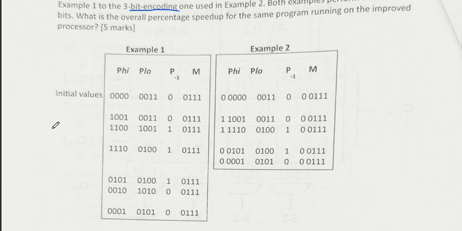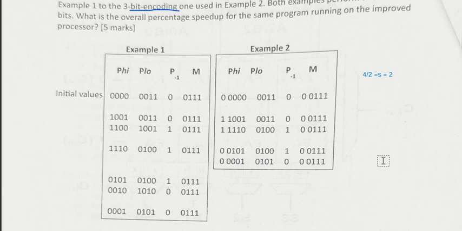So we could confidently say that the 3-bit Booth encoding is 2 times faster than the 2-bit Booth encoding, because one takes 4 cycles and the other takes 2 cycles. So the speed up factor S is equal to 2.